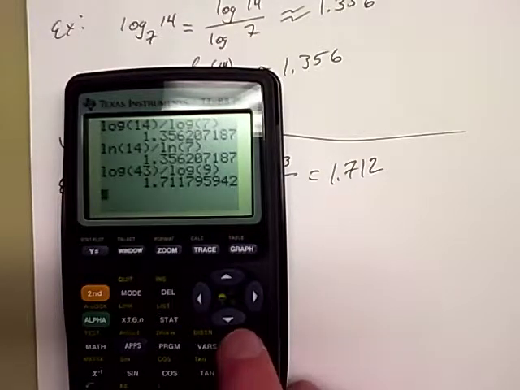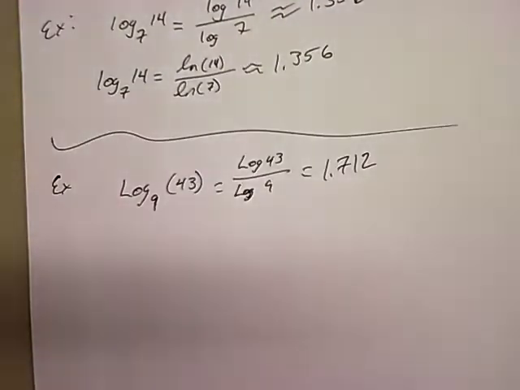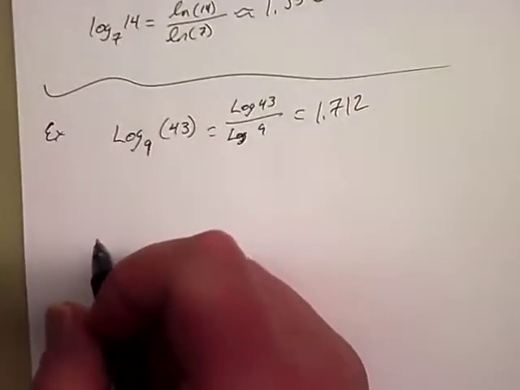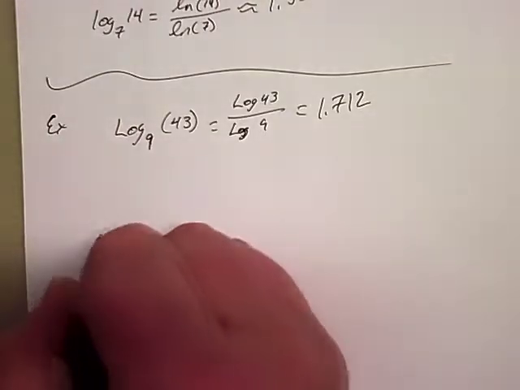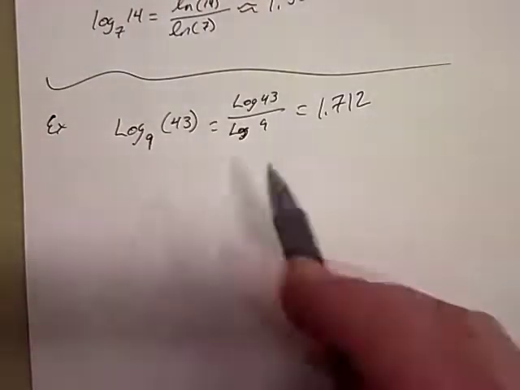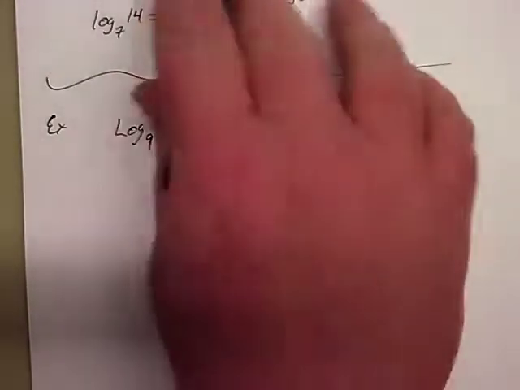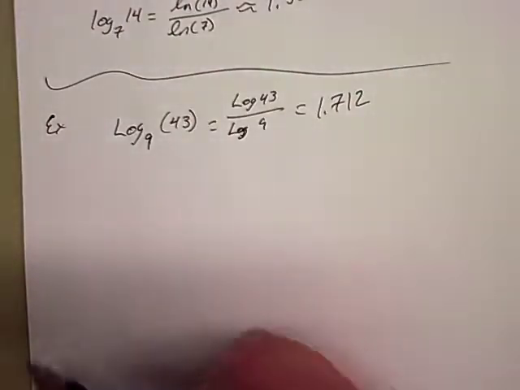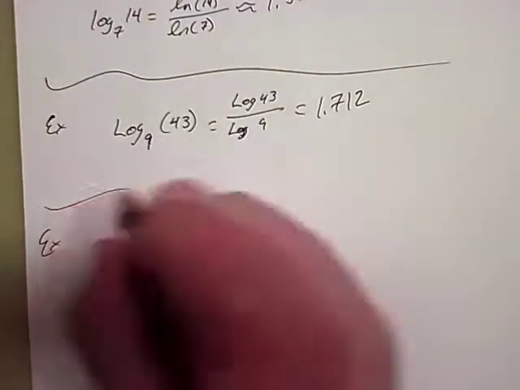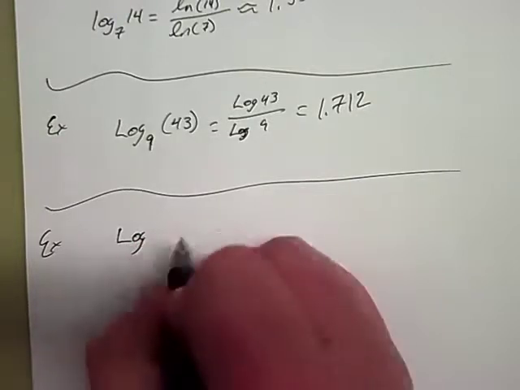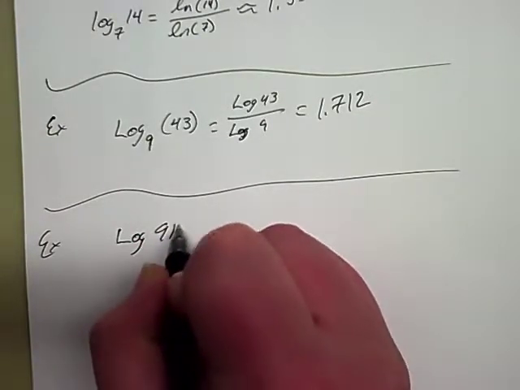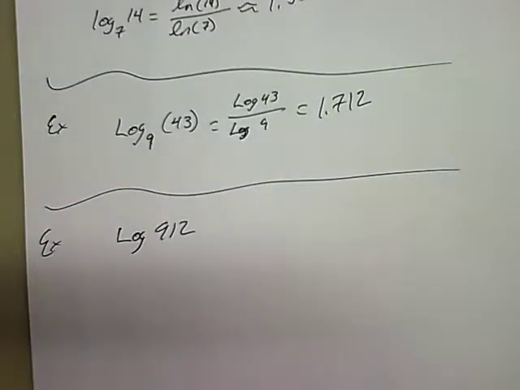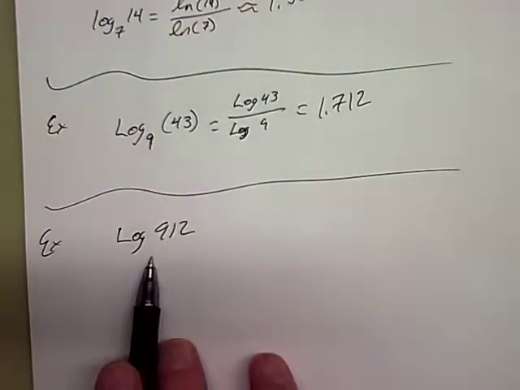All right, let's try another one here. This one is really funny. This to me is hilarious. So if we're dealing with change of base, I want to calculate to the nearest thousandth, right? 3 decimal places. When we get an example that says log of 912. All right, what's the base? All right, the base is 10.